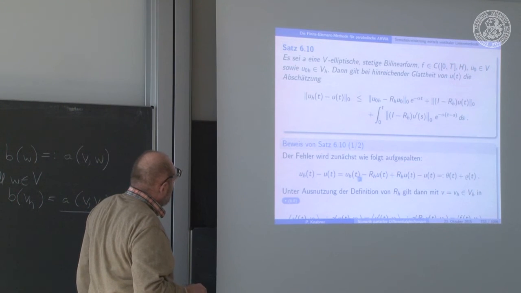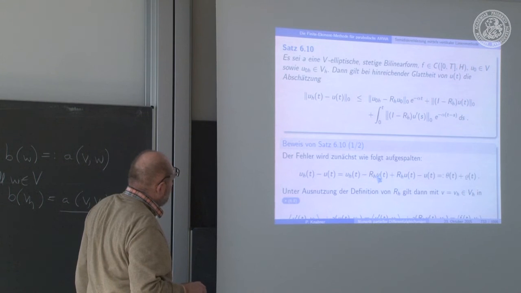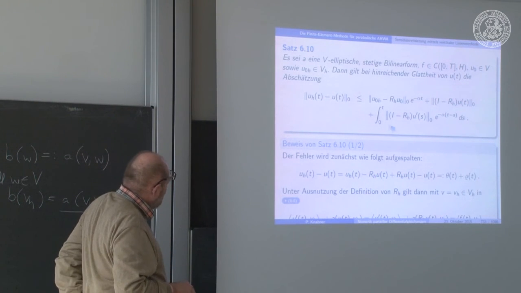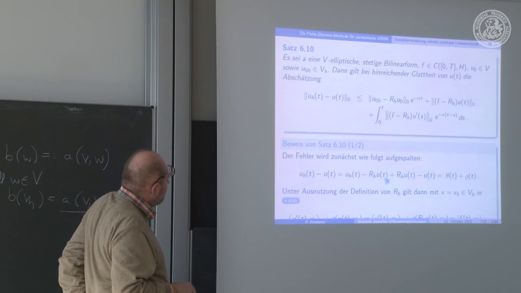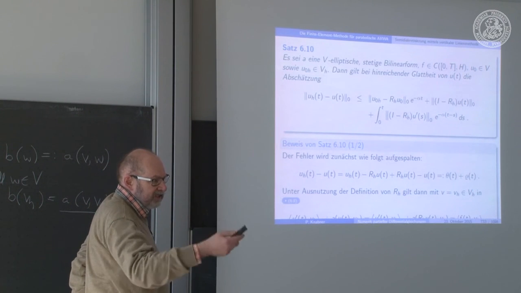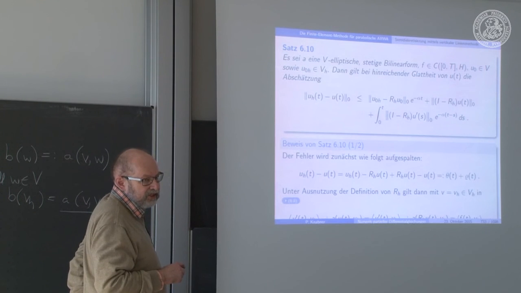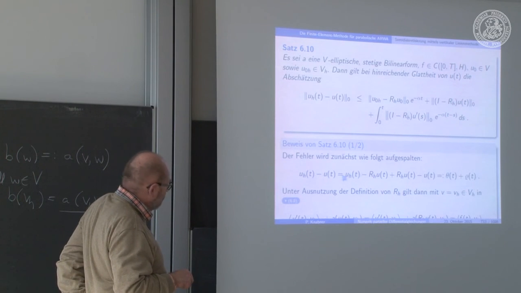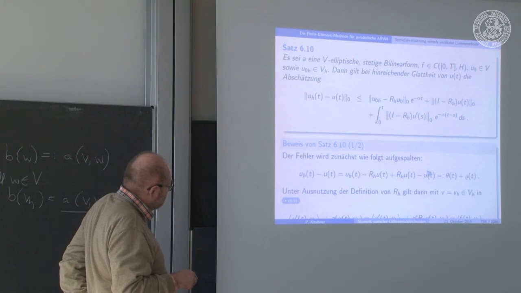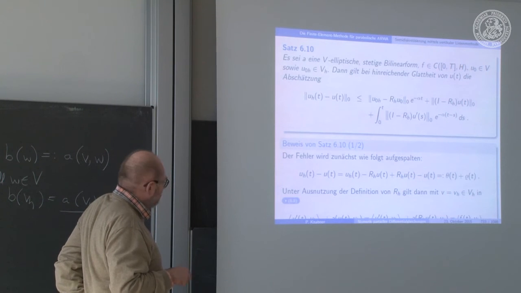So we have now two terms, this term theta of t and this term rho of t. And you see, theta of t is a function which is VH valued, which only takes values in the finite dimensional space. The UH is in the finite dimensional space, and this is also. Here this is of course not the case, because here the solution comes in.